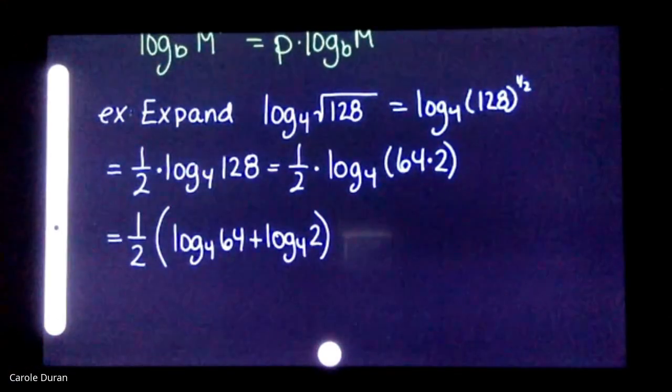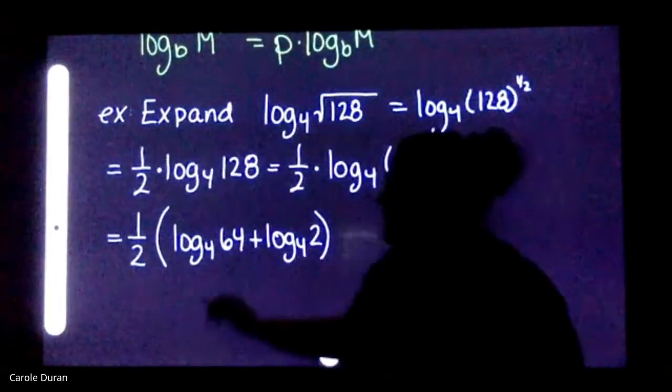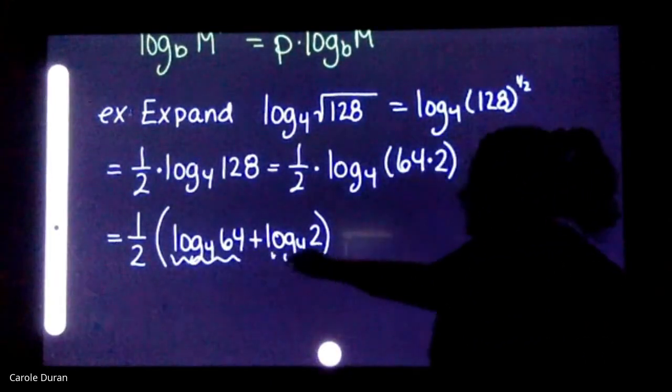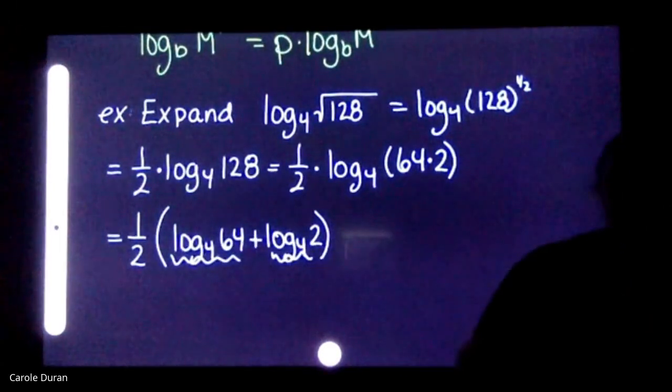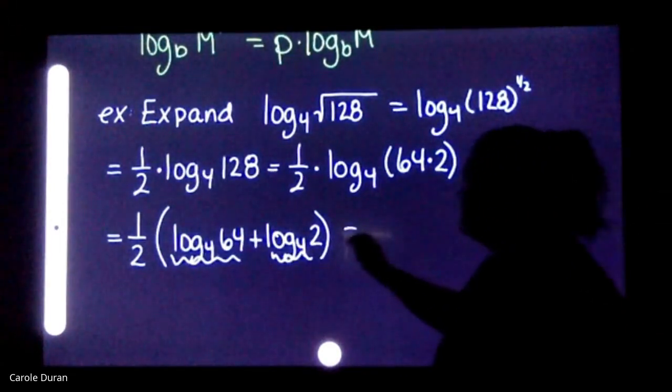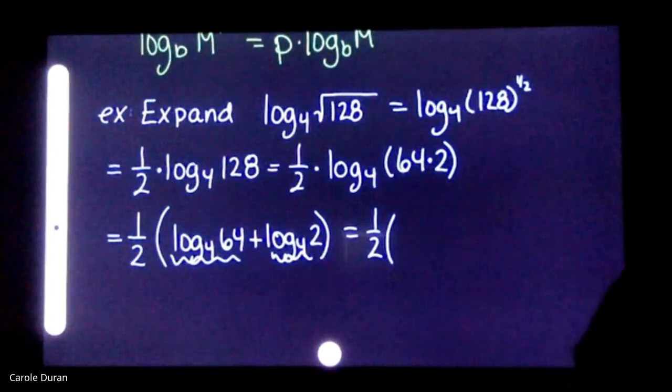From here, the easiest way to simplify this is going to be to do a change of base formula on each of these logarithms. So I would like you to do log base 4 of 64 and use the change of base to tell me what it is. Right, we remember how to do that?